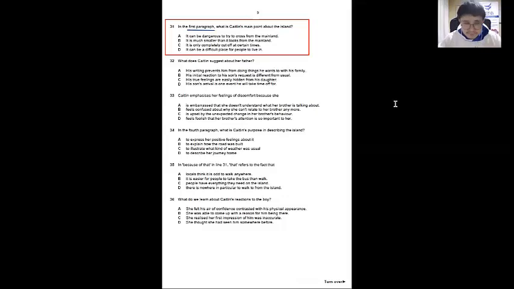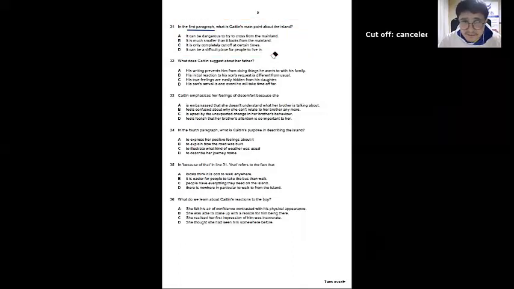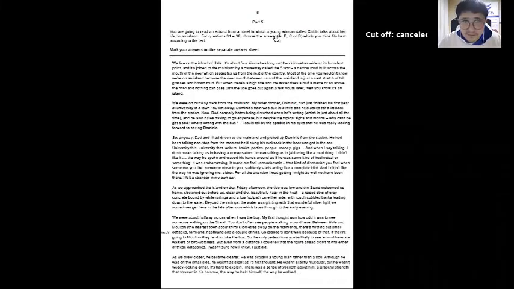So, let's keep that in mind. Considering that cut off means cancelled, we are going to see what we can do about all these here in the text. All right.